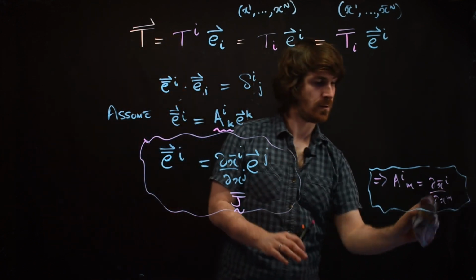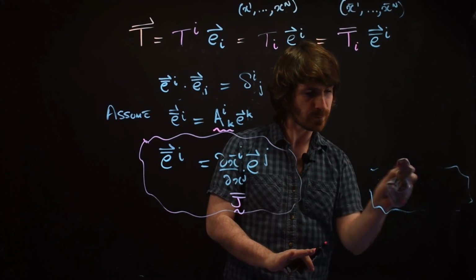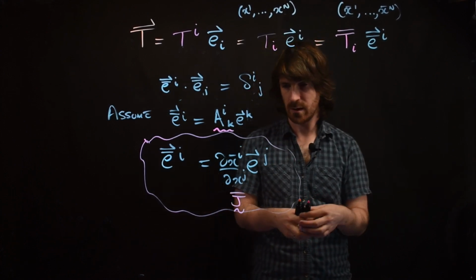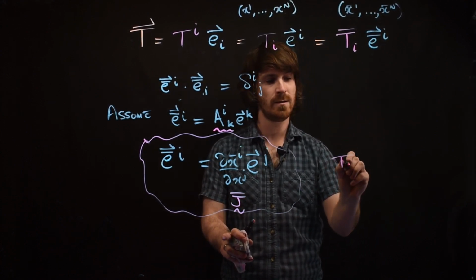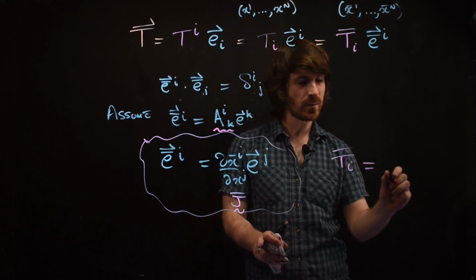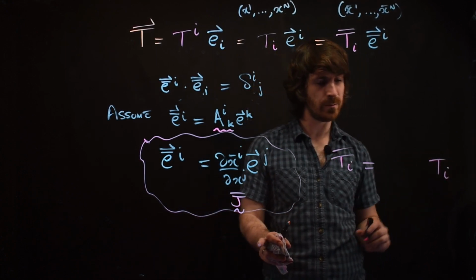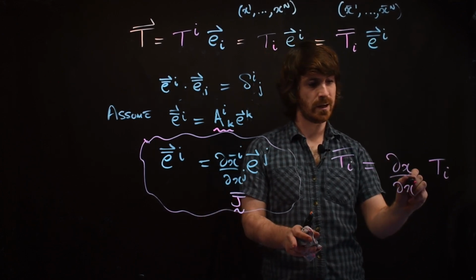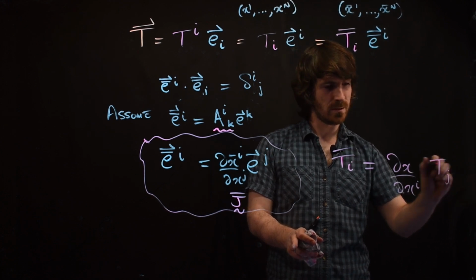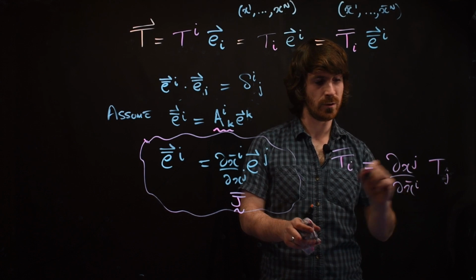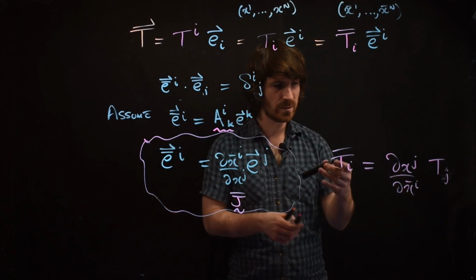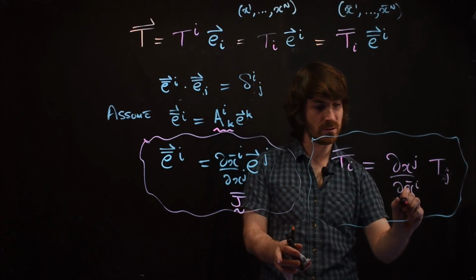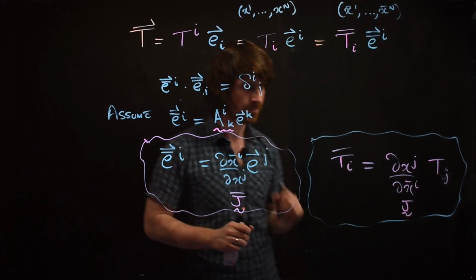You'll see it in your notes, it's just using the chain rule again and concepts we've already looked at: the covariant components T_i in the barred system transform from the unbarred system with a Jacobian matrix element that involves a j here, and we have a bar on the bottom. This involves the matrix J, which is the inverse of this.